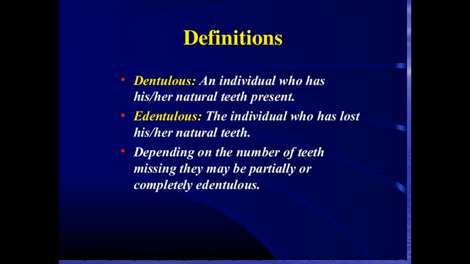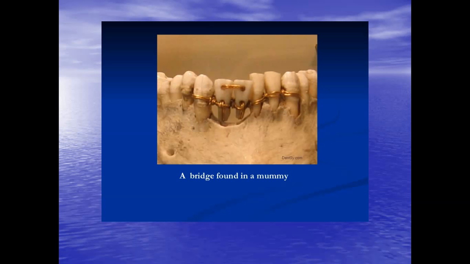Partial edentulousness and edentulism or edentia is the condition when we see that some teeth in the dental arch, in the tooth row, are still remaining. Complete edentia means absence of all of the teeth of the human being.